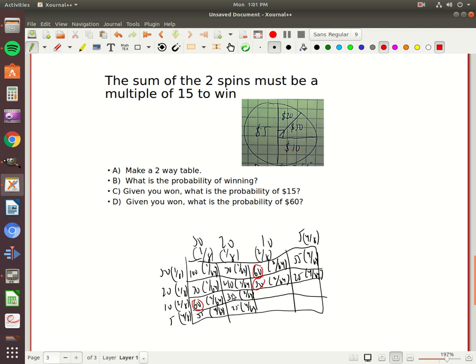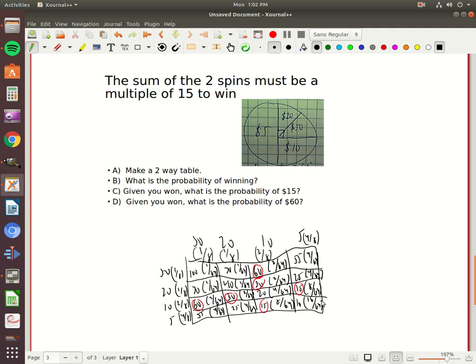These are multiples of 15. Next one is a 20 is a loser, and that's a 4 out of 64. Next one's a 15, so this one's a winner, and it is 8 out of 64. And that's 15, and that is also 8 out of 64. So these two are winners. And the last one obviously is a loser. 5 plus 5 is 10, and that happens 16 out of 64.